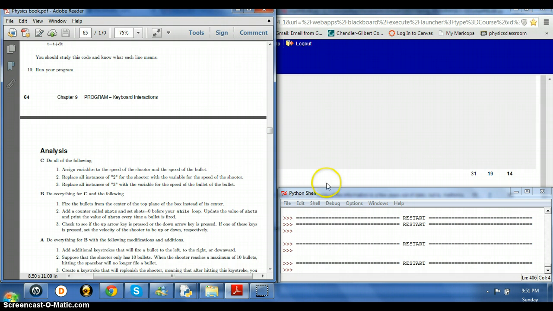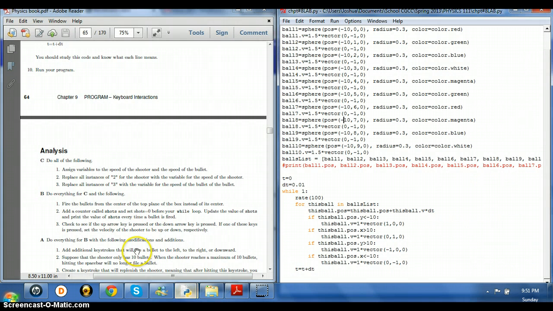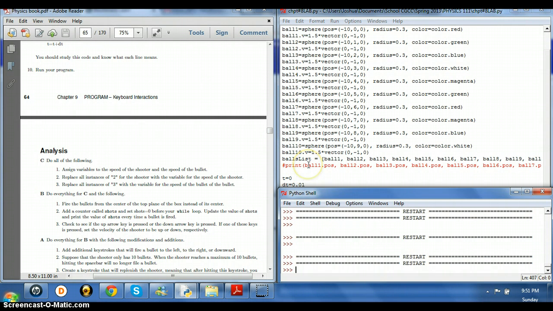I also have the chapter 8 as well, which is right here. So I'm going to run that.